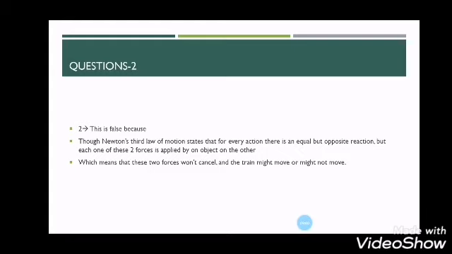We're not talking about forces applied on the same object, because in this case the forces will cancel if they are opposite. So these two forces won't cancel and the train might move or might not move, but this doesn't depend on these two forces, the action and reaction forces, because the forces always come in pairs. So I will always have an action and a reaction force.